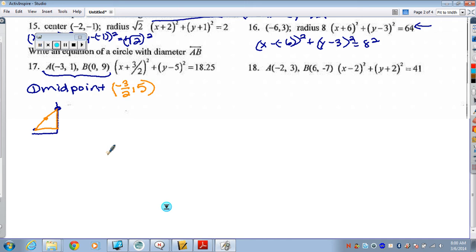I have to find the length of the radius. I am going to use the Pythagorean theorem. So this distance right here is 3. This distance is 8. 3 squared plus 8 squared equals the diameter squared. That's 9 plus 64, which equals d squared. So d equals the square root of 73.